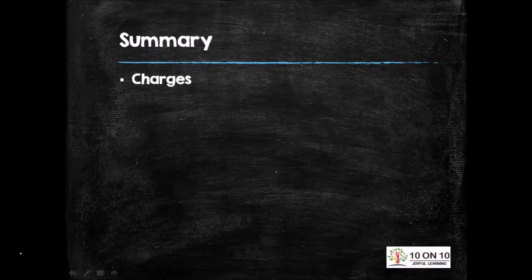So first of all, what we have seen was the charges. Charges was positive or negative charge. When the charges are stationary and they move for once only, then we call it static electricity. But when the charges keep on flowing, or the electrons keep on flowing, we call it a current. We have also seen that the charge present in one electron was 1.6 into 10 raised to the power minus 19 coulomb.